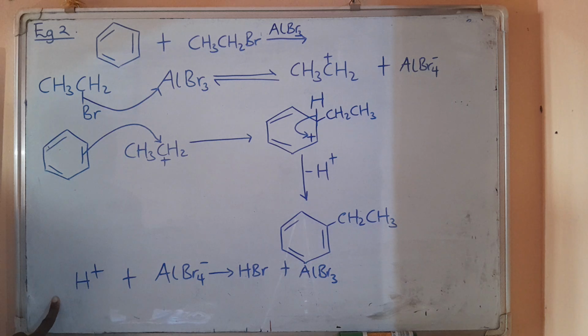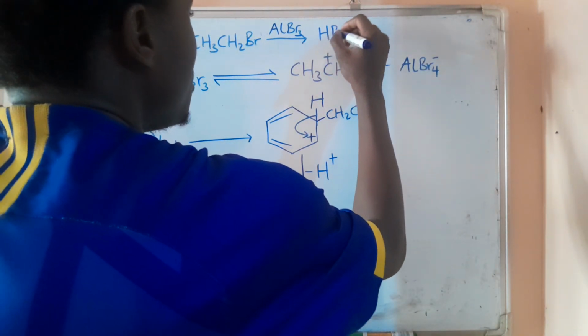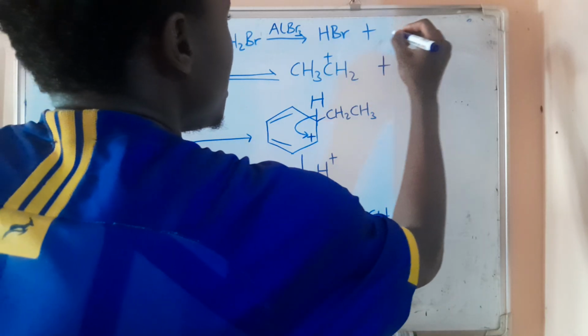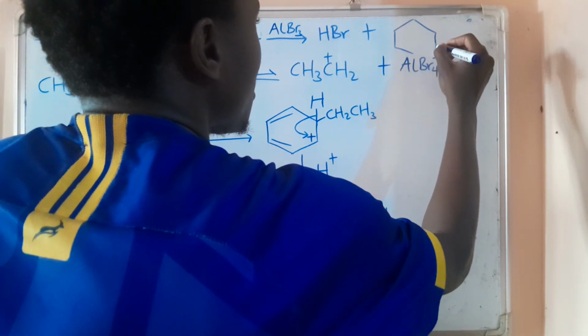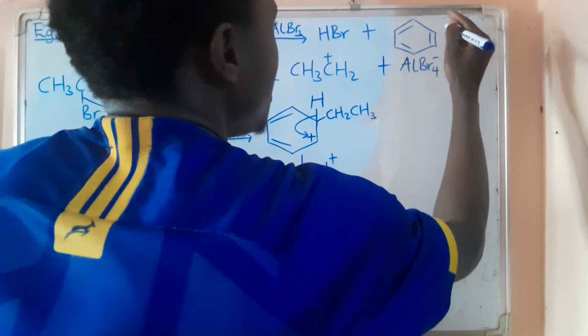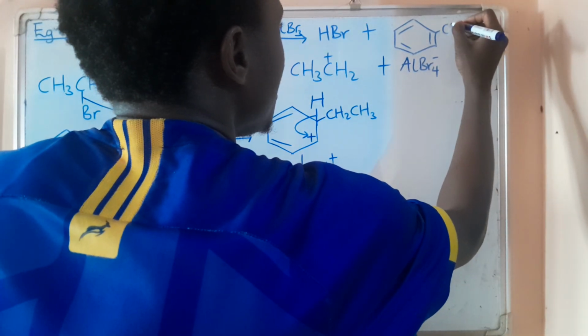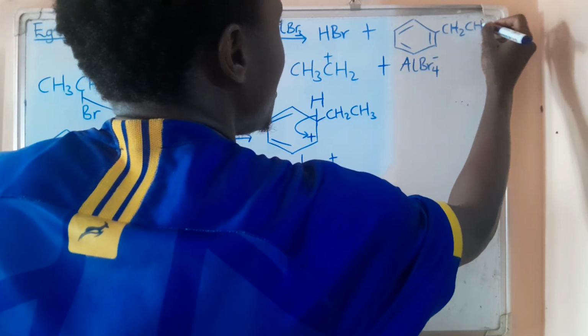So aluminium bromide is formed back, implying that it didn't participate directly in the reaction. It was just serving a certain purpose. So my products here, I have hydrogen bromide plus ethylbenzene, CH2CH3.